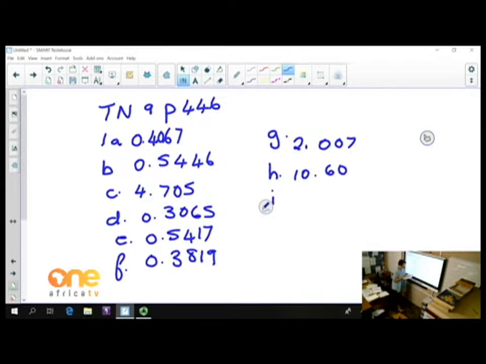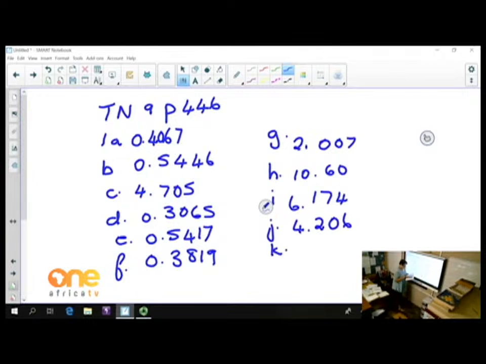Number I, 5 times tan 51 is equal to 6.174. J, now we're dividing, so it is 4 divided by cosine 18 is equal to, you just press your calculator, 4.206, I round off again there.